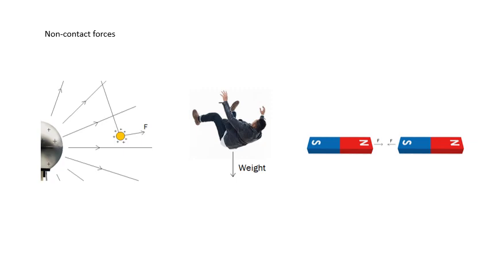The force due to gravity is a non-contact force. The Earth, the mass of the Earth is pulling this fella down. The force due to gravity is called weight, and it's a non-contact force. And then these two magnets attracting each other, and that's another example of a non-contact force.